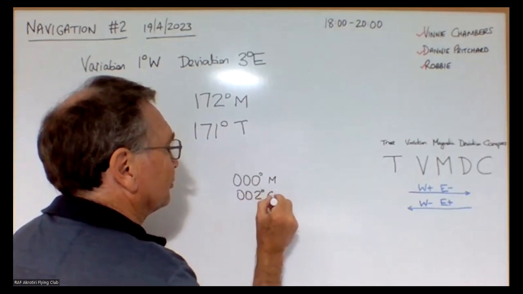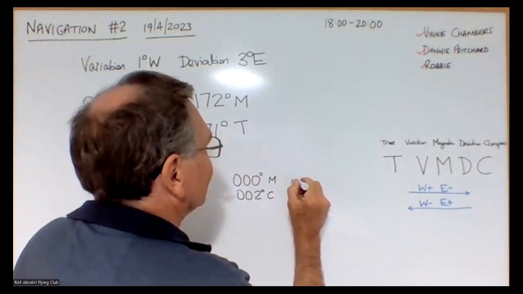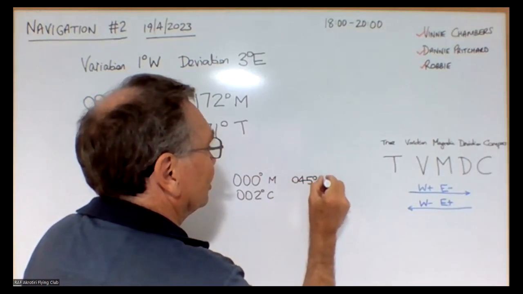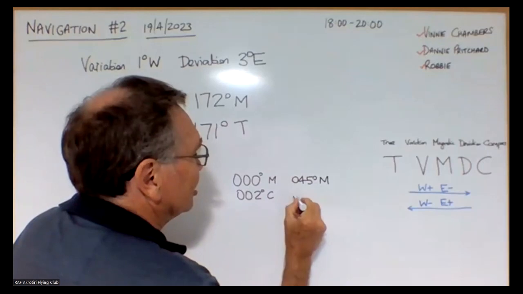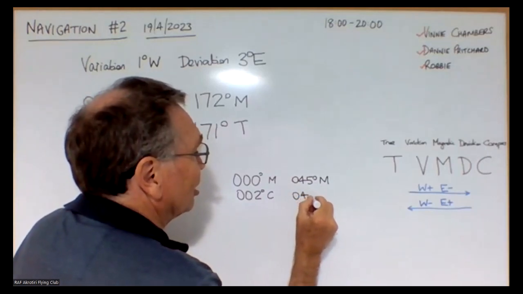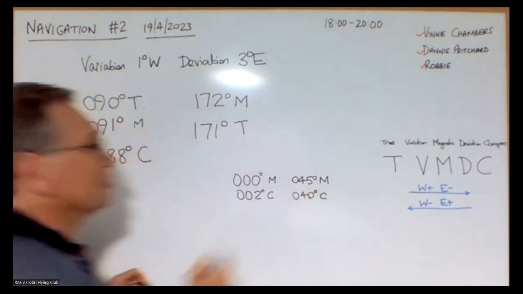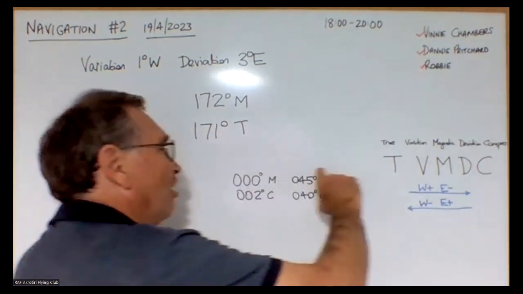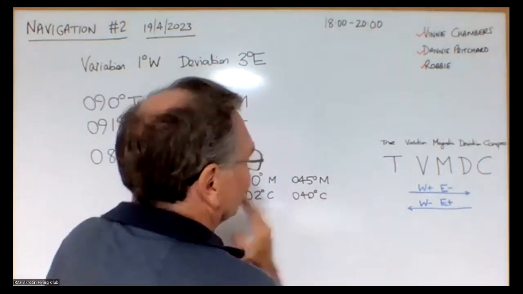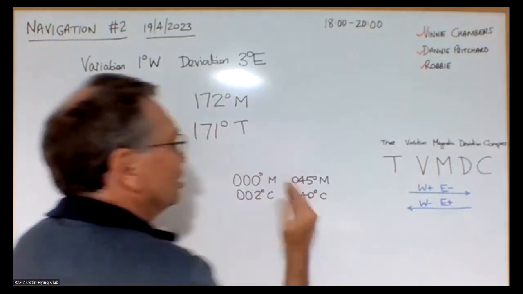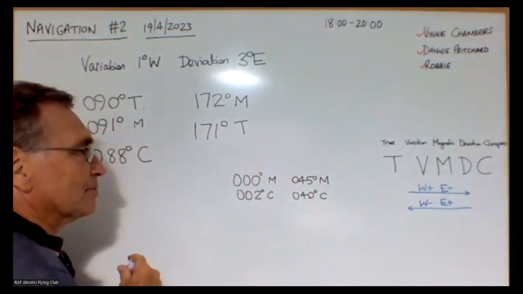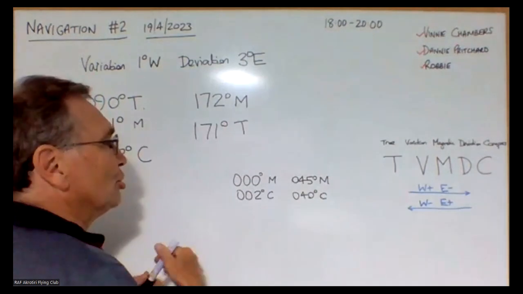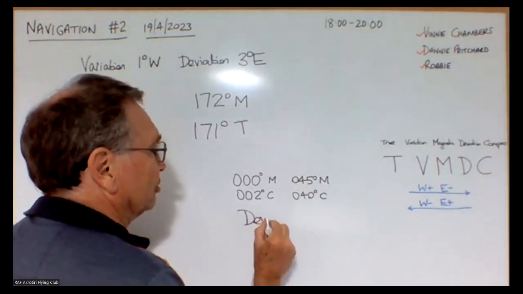And then at maybe 4 or 5 degrees magnetic, the plane's compass reads 040 degrees compass. And you could imagine that you would have a little card that would just have 4 or 8 points on it, showing you what the difference is for various headings. This would be showing you the deviation, and we call this the deviation card.